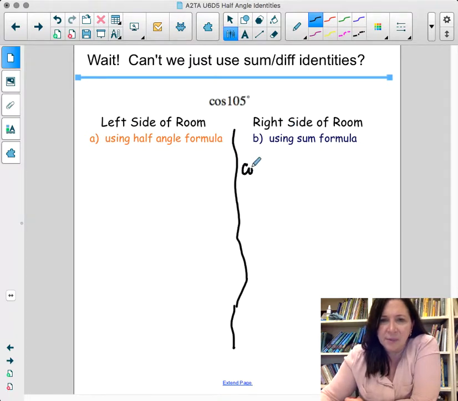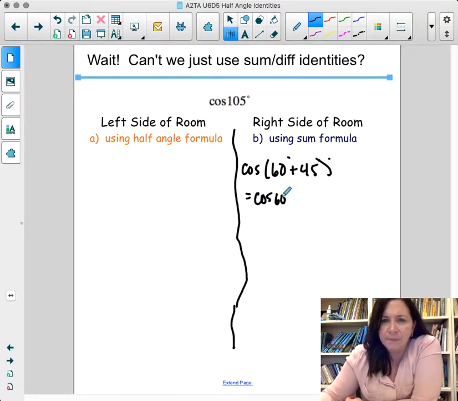I'm going to say that that's cosine of 60 plus 45 degrees. And remember, cosine goes cosine, cosine. If that's plus, this is minus, and then it'll be sine of 60, sine of 45.